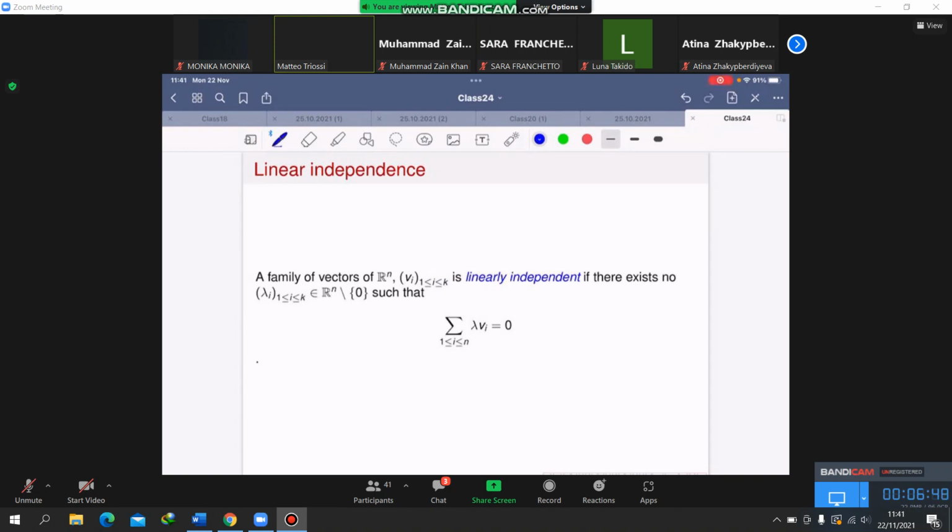So we need at least one scalar different from zero. Why? Because it's clear that if we multiply any vector by zero, we obtain zero. So the sum of zeros is zero. It's not very interesting.